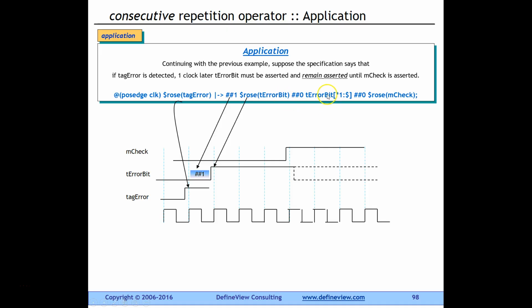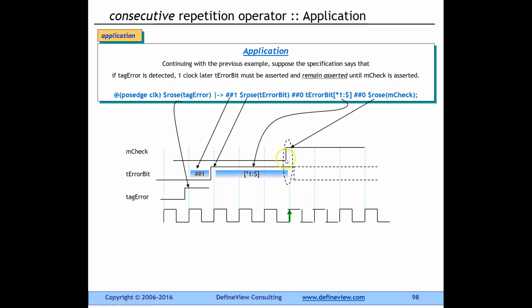This is my way of combining two temporal domain conditions. And like I said, in this case, if you are going to use and, you better put parentheses properly. Otherwise you may get a wrong interpretation. So starting the same time, you now wait for a consecutive high on T error bit until mcheck arrives.